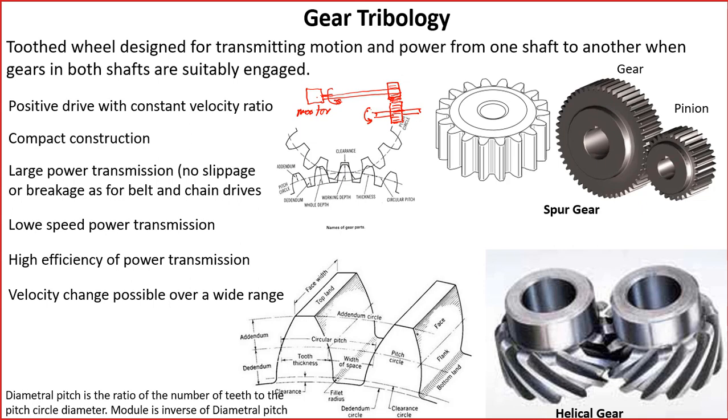This is just part of the overall mechanical drives, which are used for transmitting power and also for changing speed and torque. Power is transmitted, and then speed and torque can be changed.